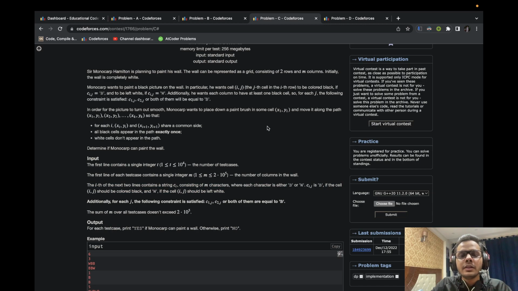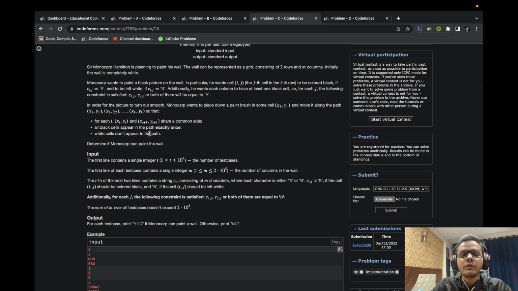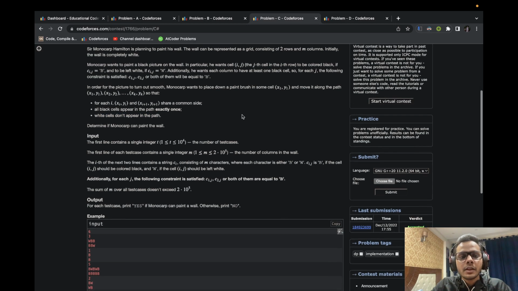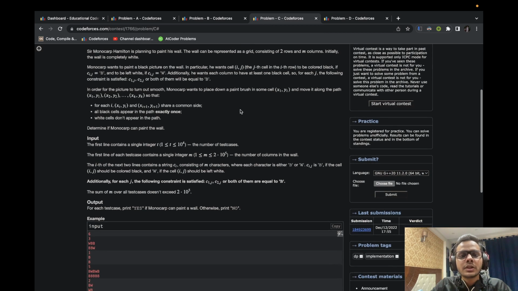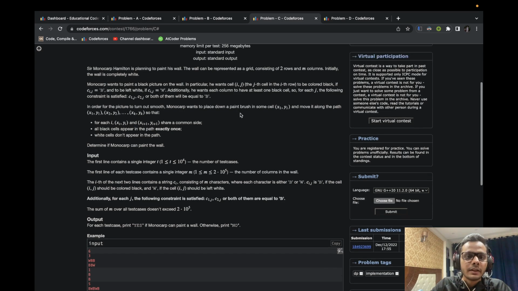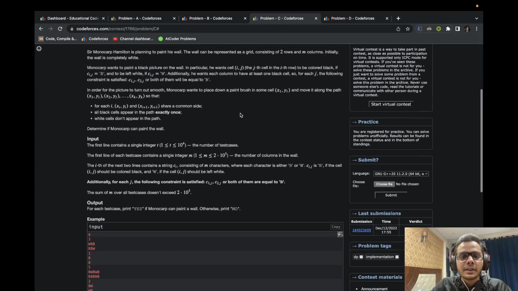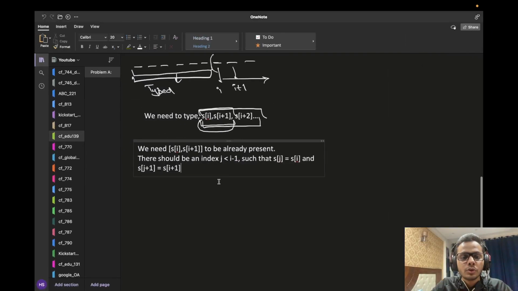Now what we need to tell is whether or not there is a path which covers all the cells which need to be painted black exactly once, and it does not cover any cell which is painted white. And as always, between two adjacent cells of a path, there should be at least one common side. So we need to tell whether or not such a path exists. Also, there is one more constraint, that in every column there is at least one cell which needs to be painted black. I hope you guys understand the problem. Now let's move to the solution.